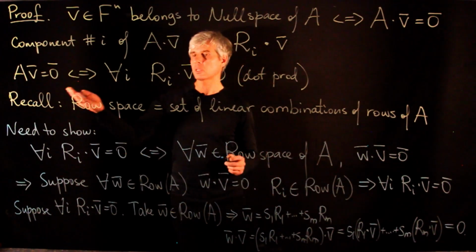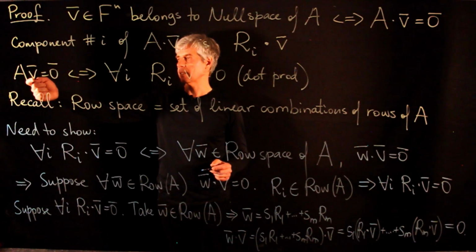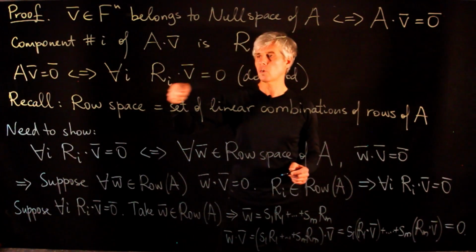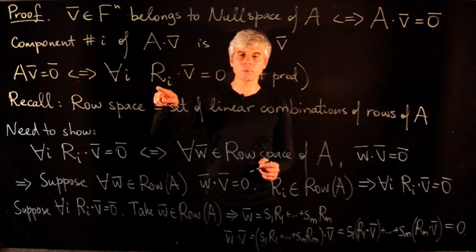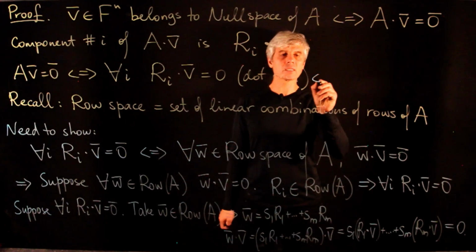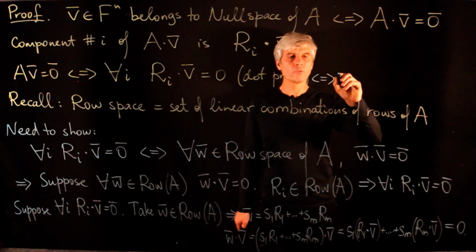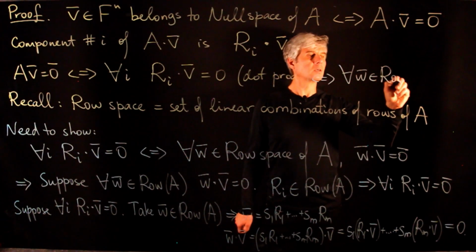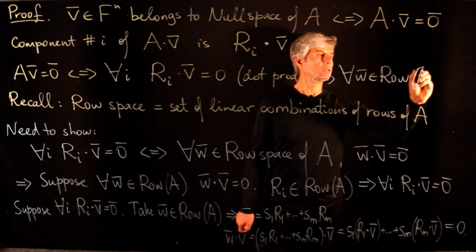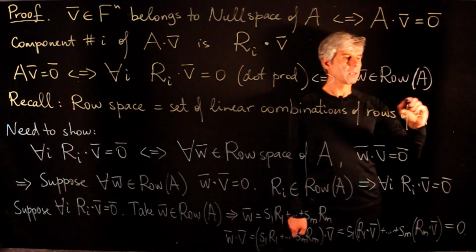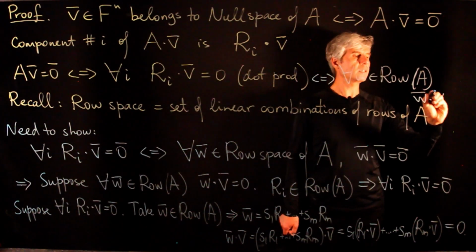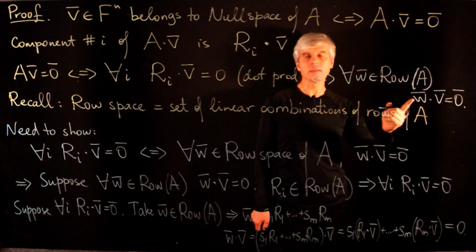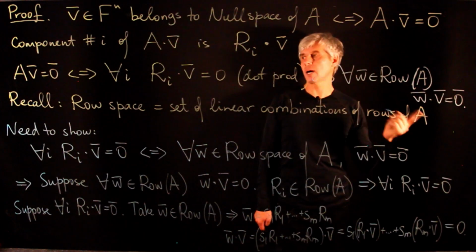And so here what we said is that the condition Av equal to 0 is equivalent to saying that the dot product with each row is equal to 0. And now we see that this is equivalent to saying that for all W in the row space of A, we have W dot v is equal to 0. And that's exactly the claim of our theorem.